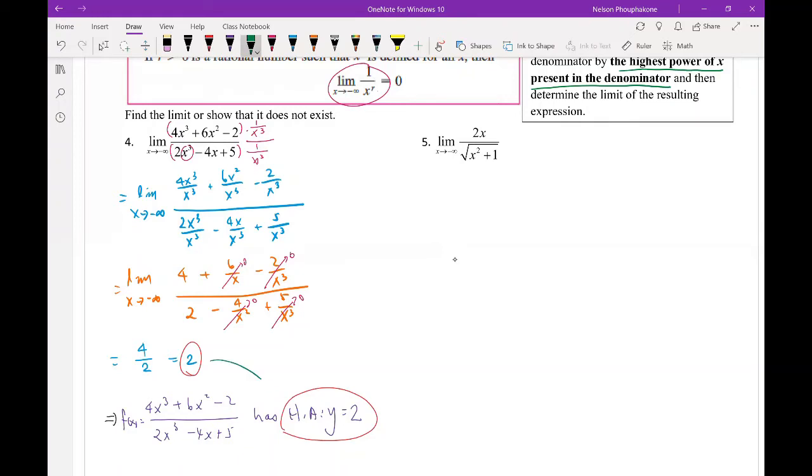This is the idea. Okay, so now it is your turn to work on number 5.